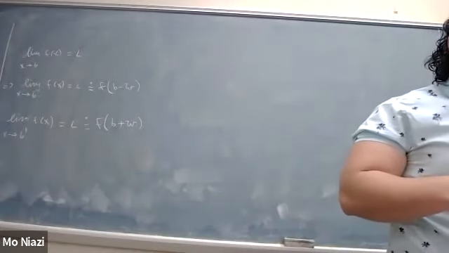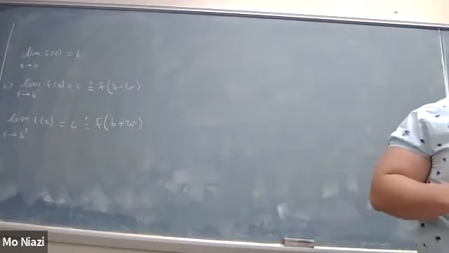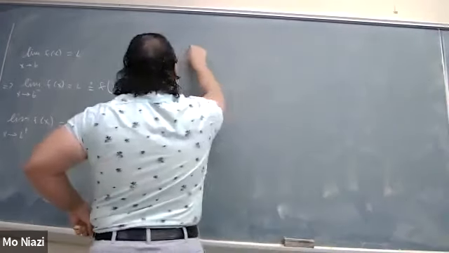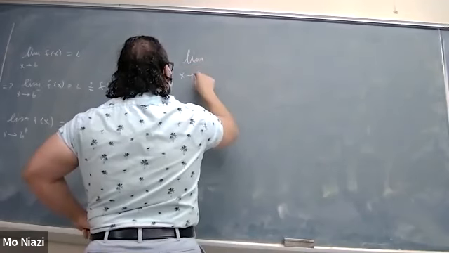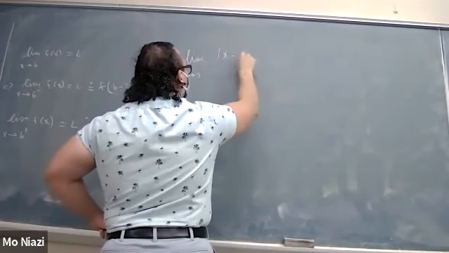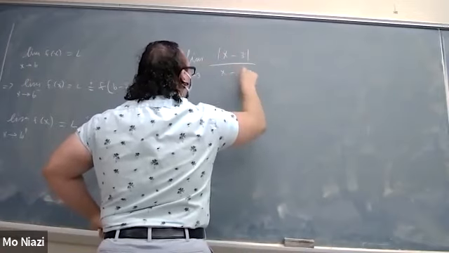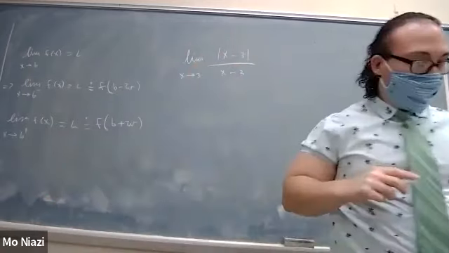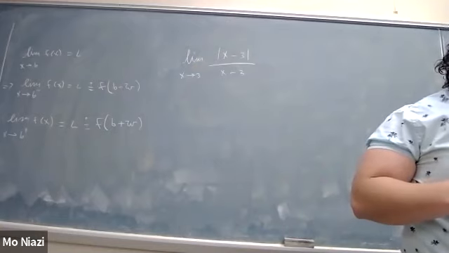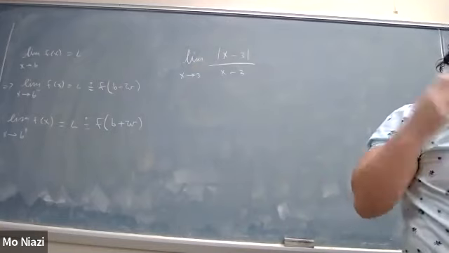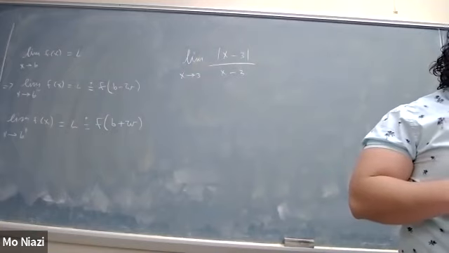So let's do some examples. What about the limit as x approaches 3 of this? Have we done this before? Did we do this example yet? Yeah, that's what we did.